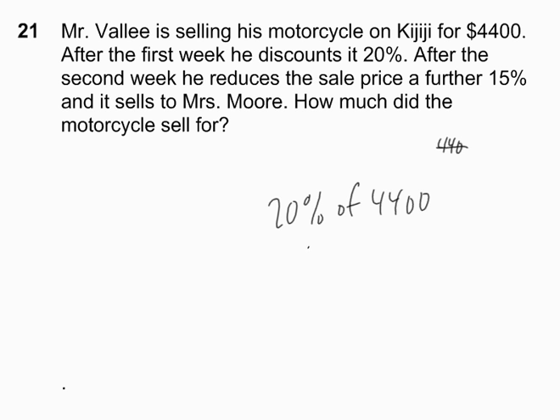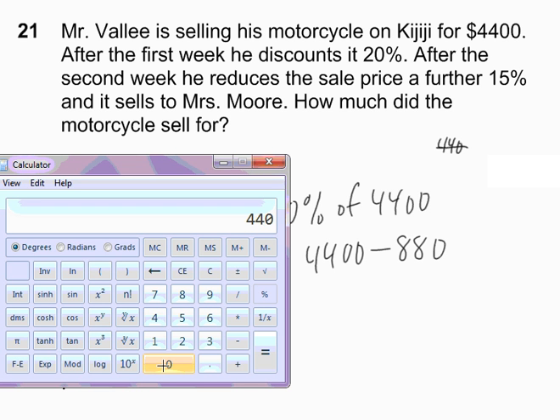So I'm going to take $880 off. Get my calculator out. 4,400. Take away a discount of 20%, which is $880. That motorcycle is now selling for $3,520, but he doesn't sell it, right?